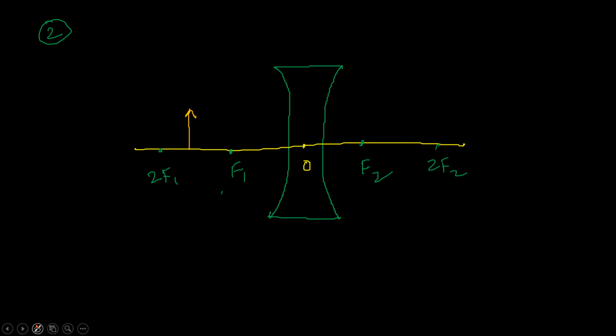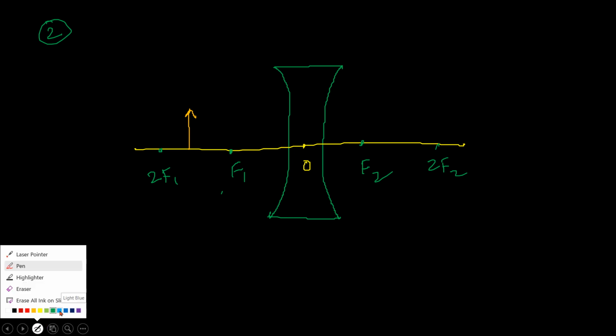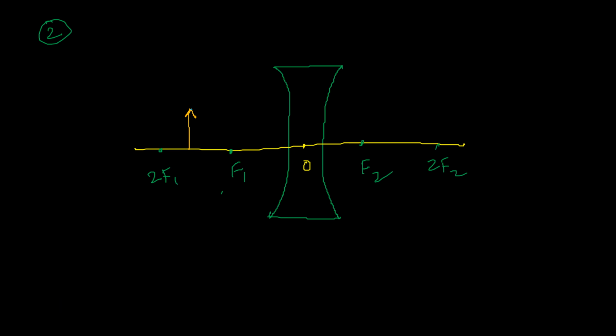Exactly at the tip of the object we have to take the light rays. One light ray I am taking like this. As it is a diverging lens, the light ray will be diverged. Another light ray passes through the optic center. When a light ray passes through the optic center, there is no deviation.